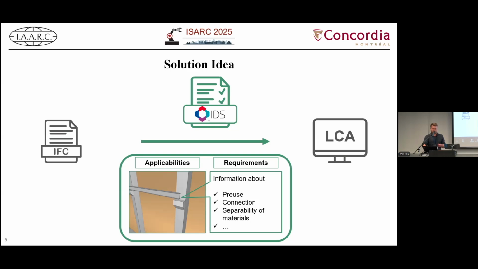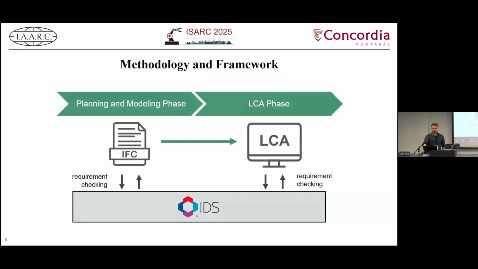For example, for a steel construction, we need circularity information about the pre-use, about connections, about separability of materials, etc. To show you more about the methodology and framework, this IDS, the Information Delivery Specification, can be used for requirement checking in the planning and the modeling phase.